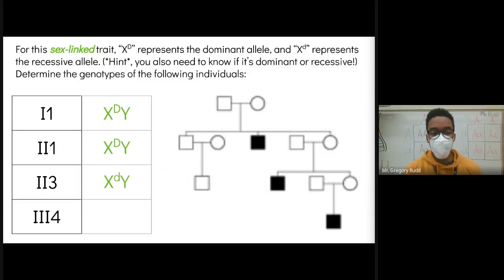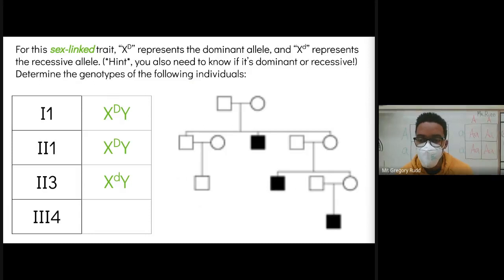Okay, so one more person, III4. What are they? Now be careful. III4 is not a male. So III4 is a female.